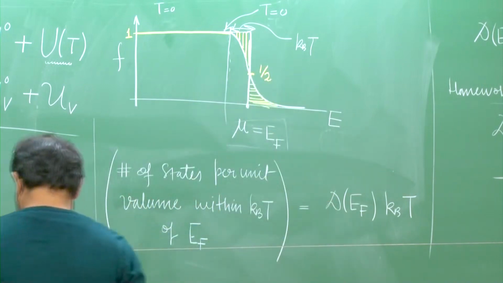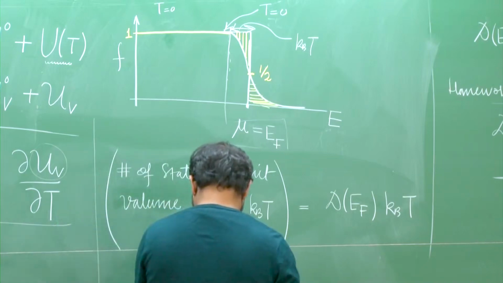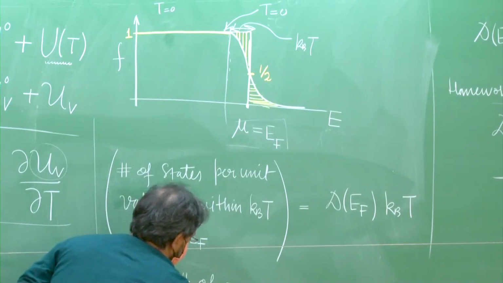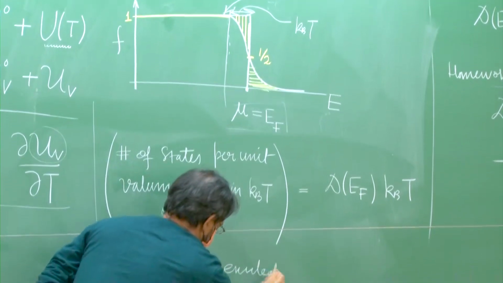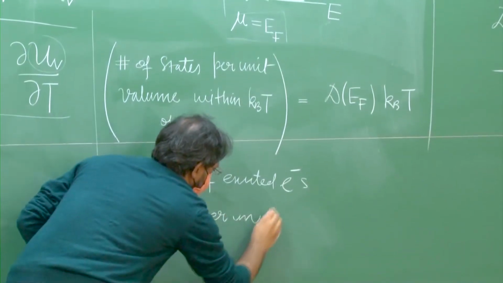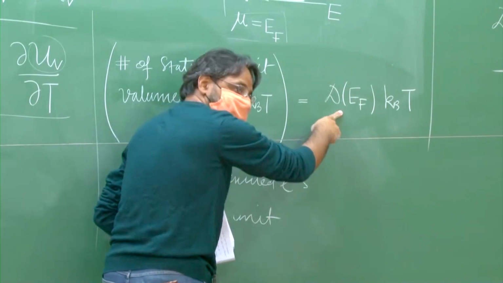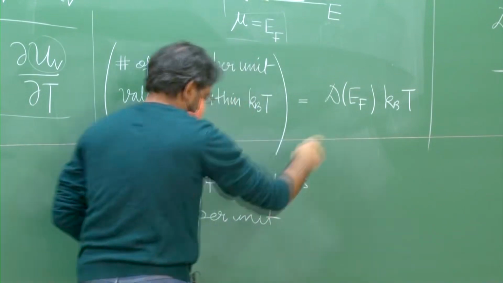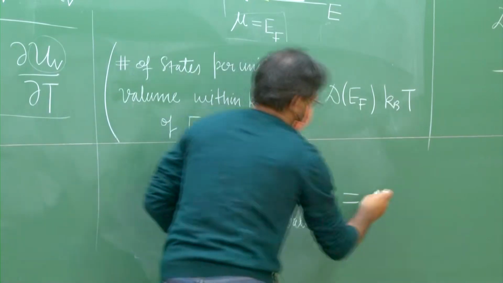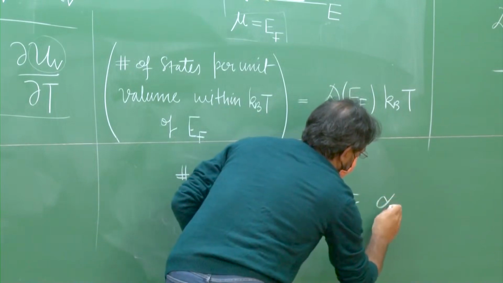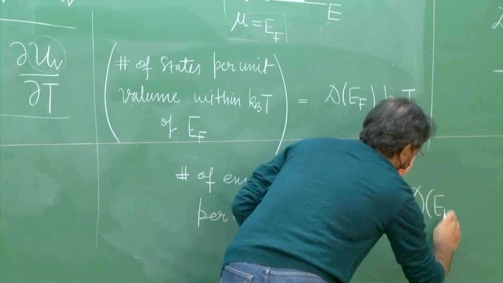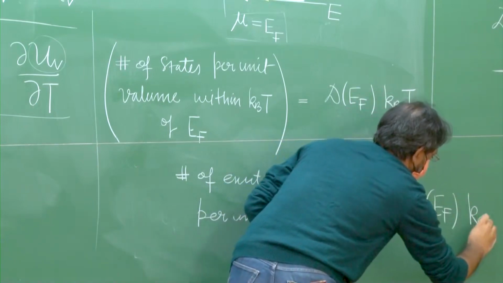So, therefore, you can then write that your number of excited electrons per unit volume, which comes automatically because this density of states is itself defined as per unit volume, will be some factor, let us call it alpha, times D(EF) times kBT.